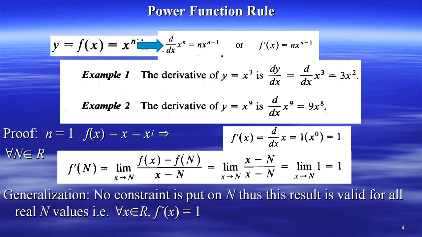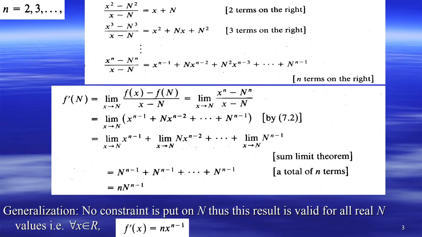All right. For the general result, we should see the case where n is equal to 2, 3, and so on. And we have made an observation here. This observation, we will use it to prove the general result. So the proof is the same as the case of the power 1. But now the power is small n, any small n from 2 to whatever.